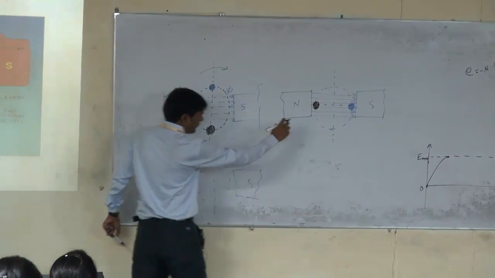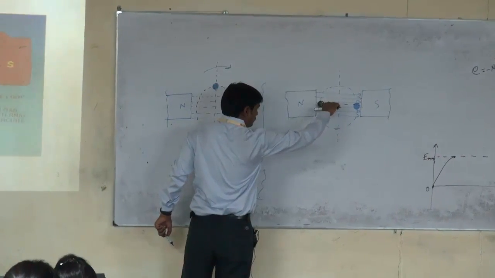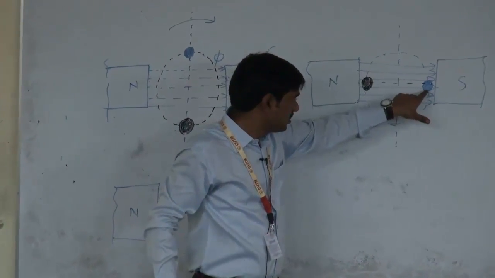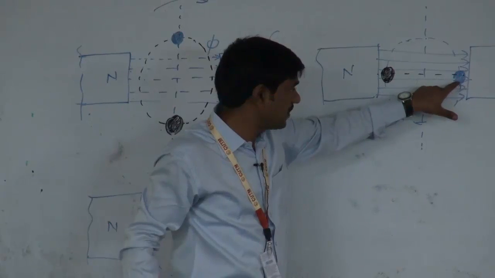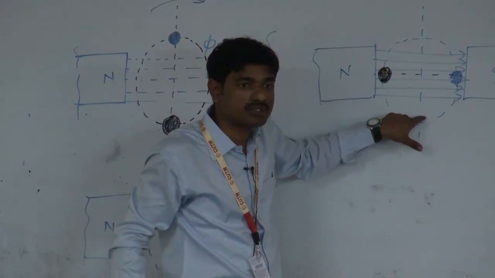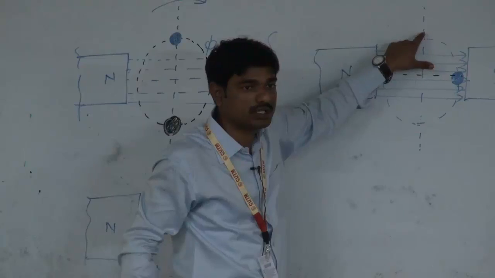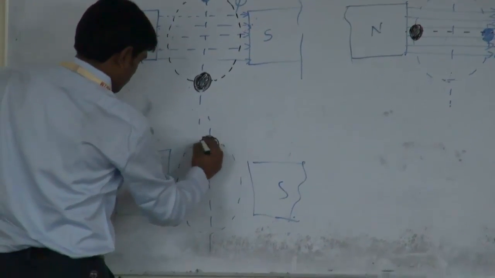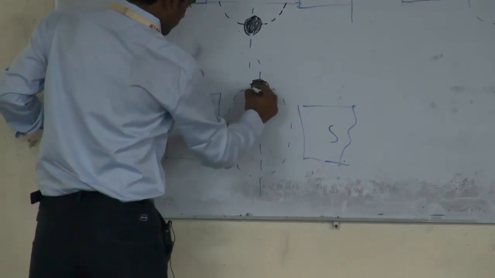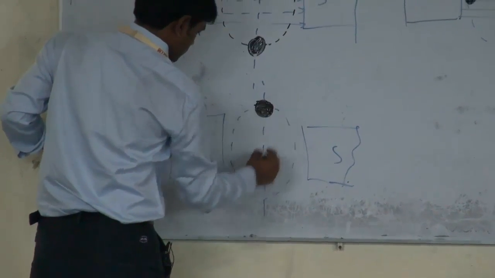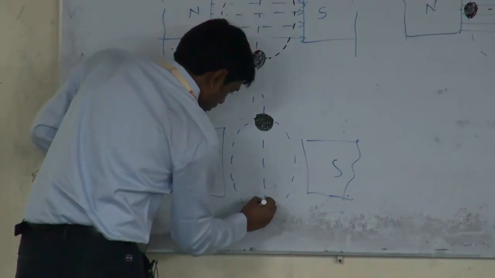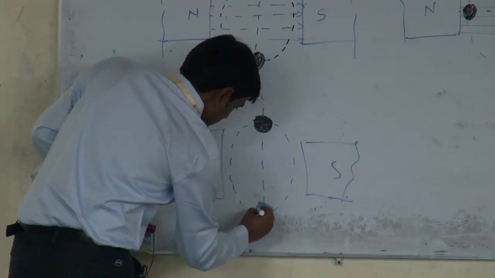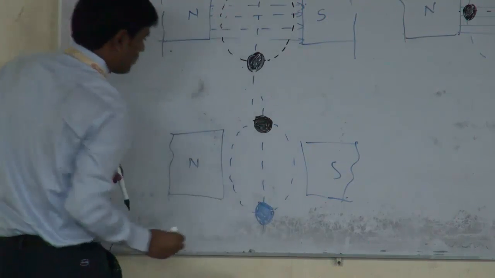So if it rotates another 90 degrees, the coil rotates another 90 degrees. This conductor cuts the magnetic field from here to here, and it will come to here, and this conductor comes to there. So this is the conductor. Now it is in top position, and now this is the bottom conductor. Okay.